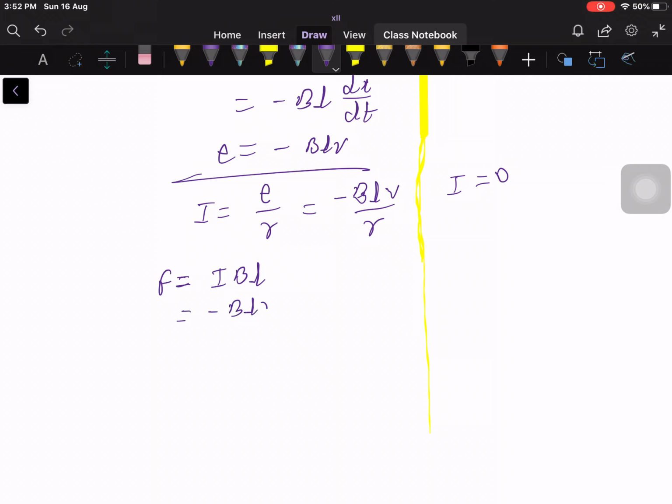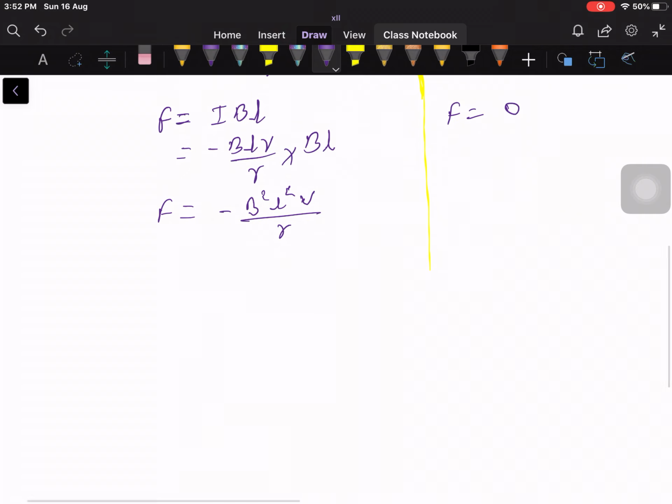Minus BLv upon R, into B, into L. Just solve it. I am going to have minus B squared L squared v upon R. What about force here? In this case, force we can say 0. Why? Because I is 0, v is 0, so force will be 0.